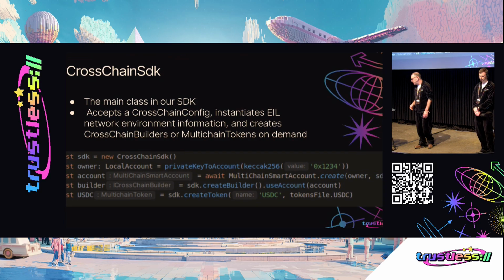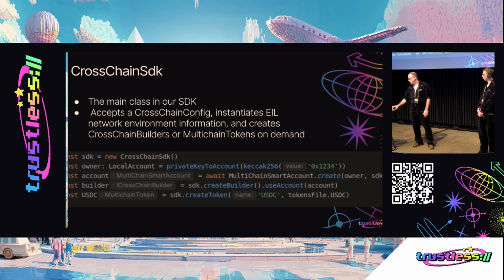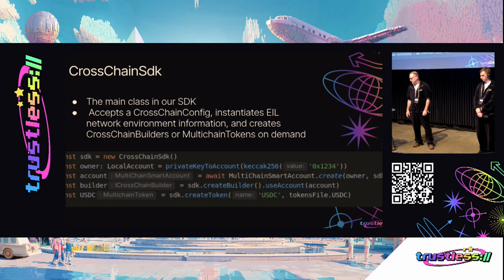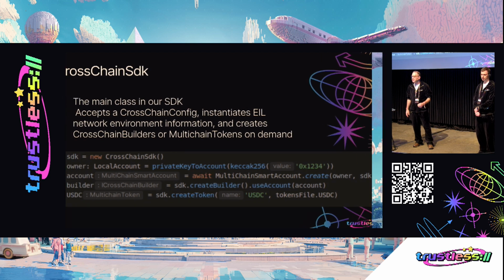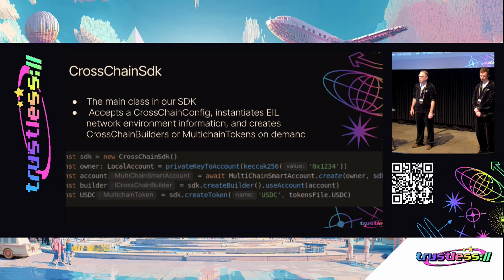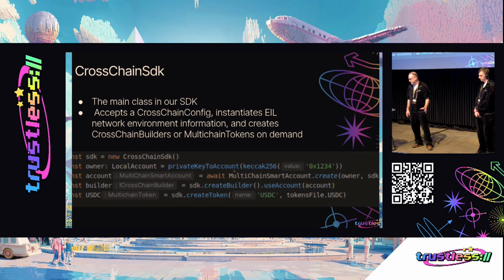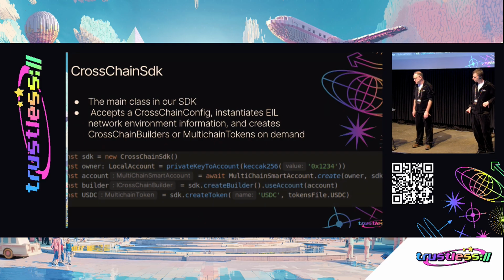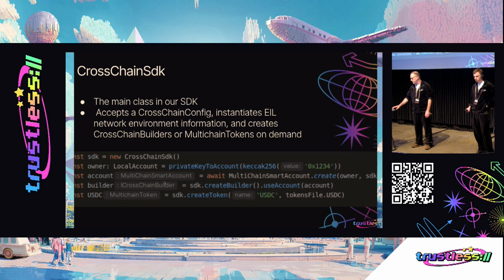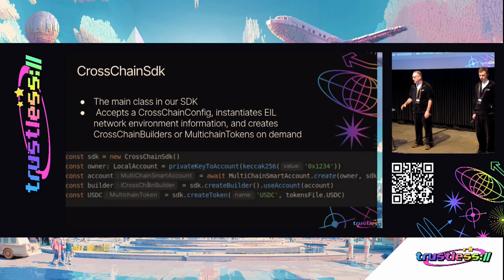I create my account. I create my multi-chain smart account, and I pass it the owner that will be the entity that is signing for them all. And I create a builder. We'll see in a moment how I use the builder to create all the batches inside it. And also for this sample, we created an instance of USDC.